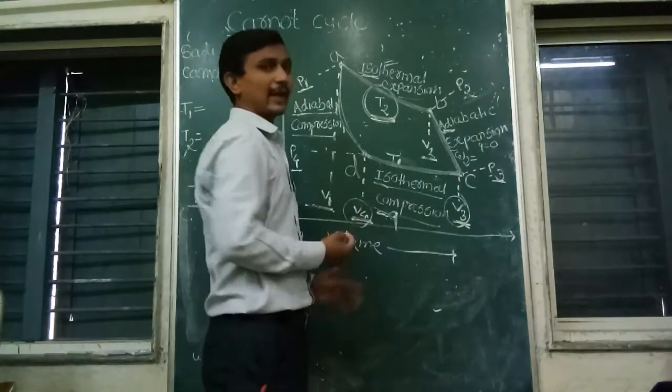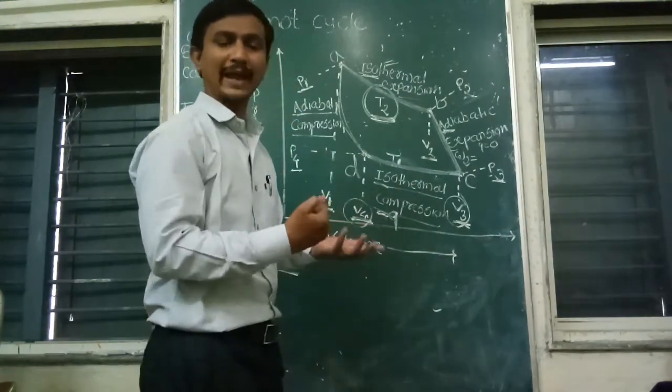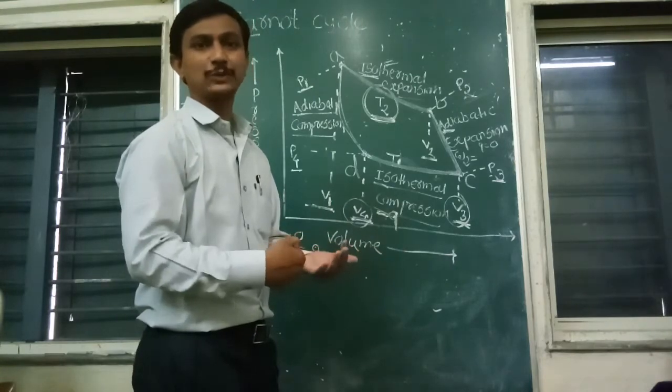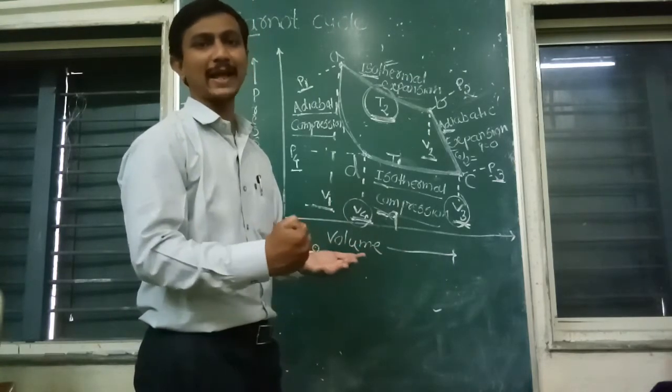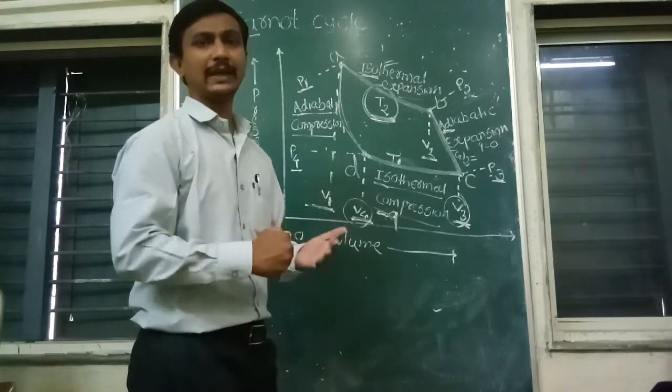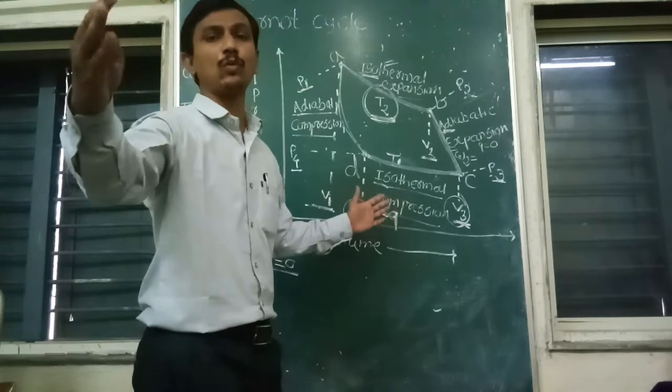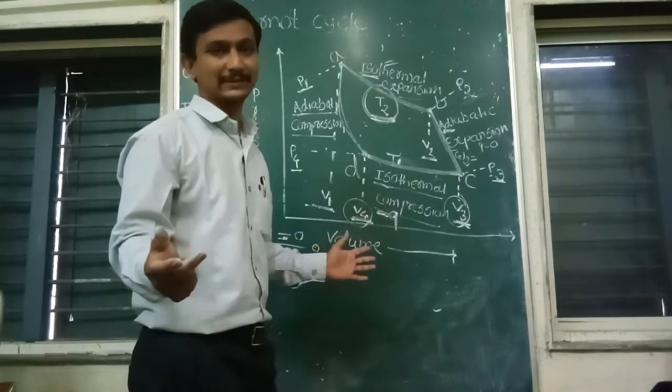Now expansion and compression. When gas absorbs heat, that gas expands, or expansion of gas takes place. In the expansion of gas, there will be increase in volume of that gas.